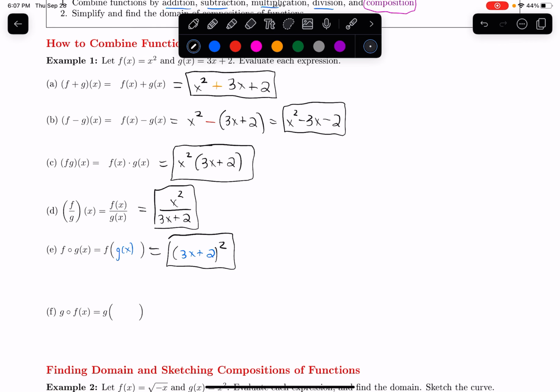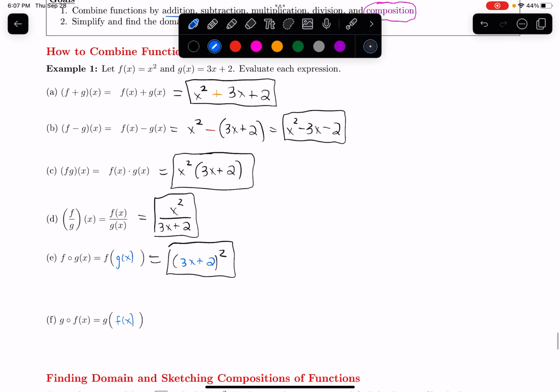Part F, what if I do it in the other order? What if I do g of f of x? So now I have g of f of x. Okay, so when I do g of f of x, well, what's the formula for f of x? F of x is x squared.